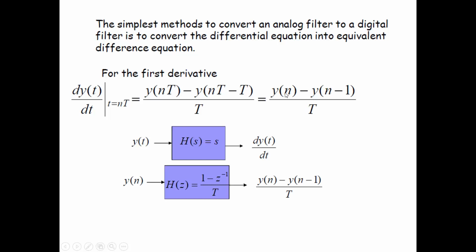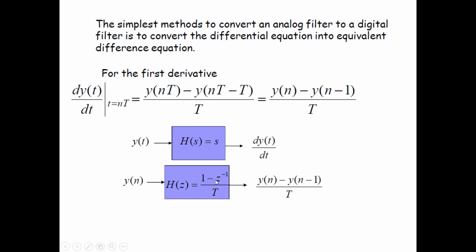So y(n), if you take the z transform, this is Y(z) minus z to the power minus 1 Y(z), and if you take Y(z) divided by X(z), that means if you express it in terms of the transfer function, you will see that it will be equal to, because Y(z) you will take common, (1 minus z to the power minus 1) divided by T. So your transfer function H(z) is basically Y(z) by X(z).